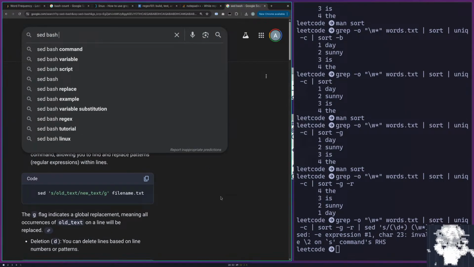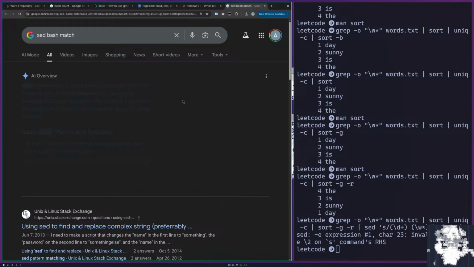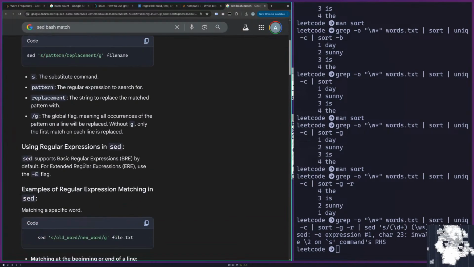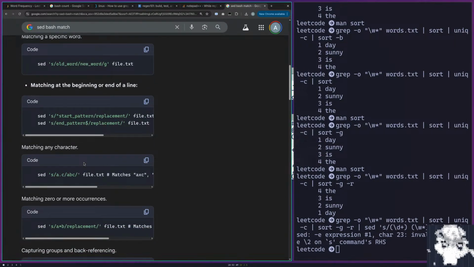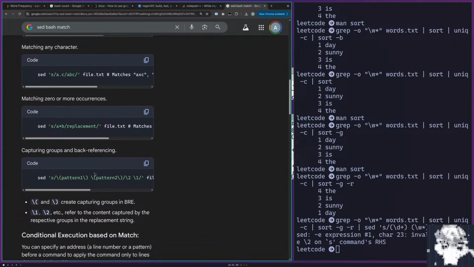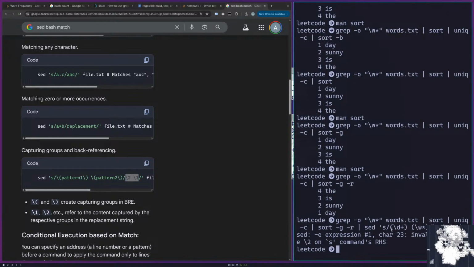Sed bash match. Well, that is actually what I'm trying to do. I mean, this is literally what I'm trying to do. /2/1.